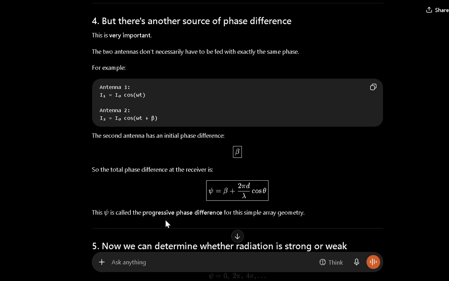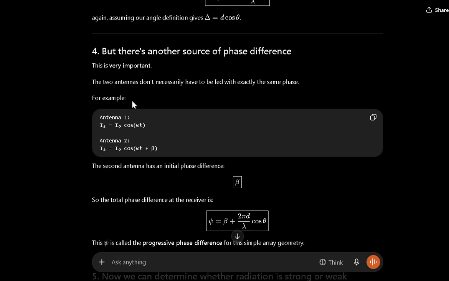What is beta? The second antenna has an initial phase difference beta. These are current equations. There is a phase difference between the two. In AC current signals, we talk about lagging and leading phase.